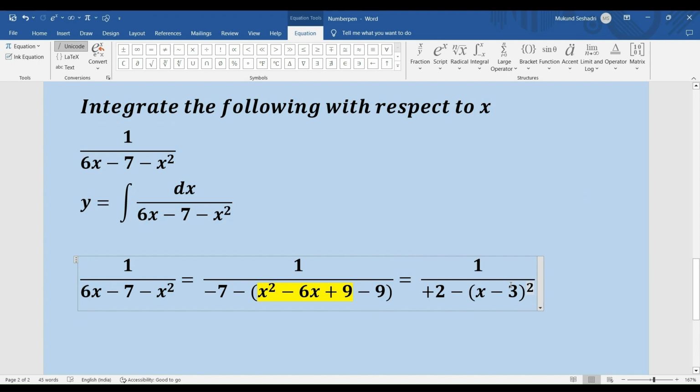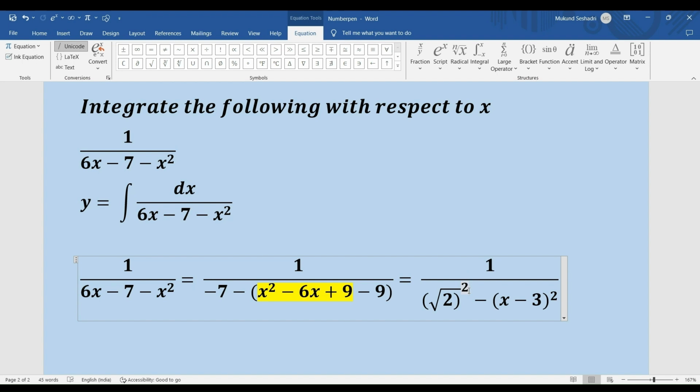So when I take a closer look at this, I know that my 2 is nothing but a root 2 the whole square, right? So now looks like I have my denominator in the format a square minus x square, right? Are you able to make a connect with some of the problems which we have solved earlier? And that can happen if I make the substitution x minus 3 equal to t.